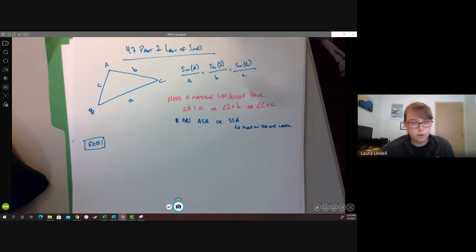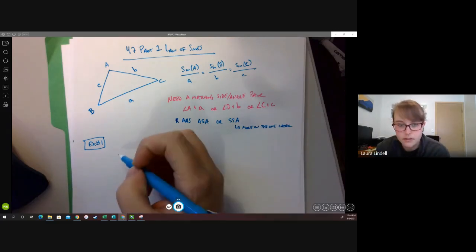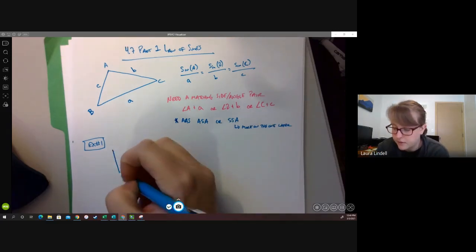Sometimes you'll be given a picture. Sometimes you'll be given some angle names and measures and side lengths, and that's where you're going to want to draw your own picture. So if you're not given a picture, draw a picture. If you are given a picture, this is one of the cases of what it could look like.